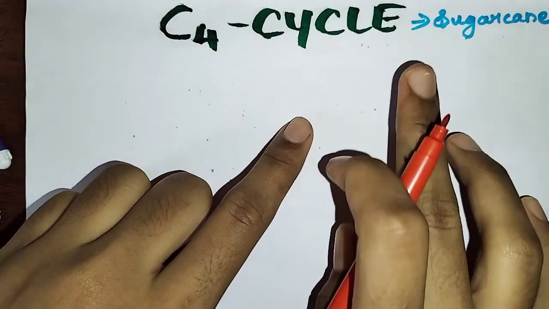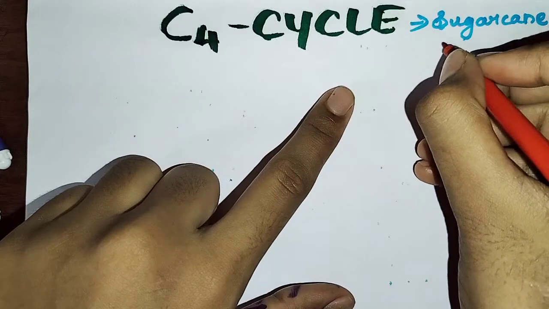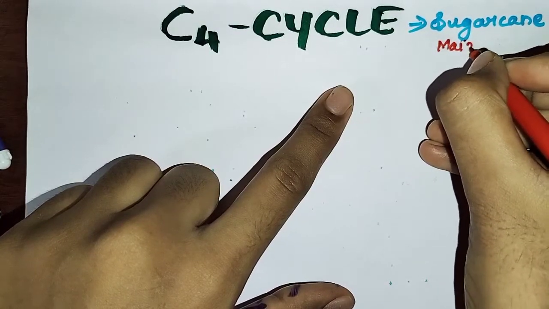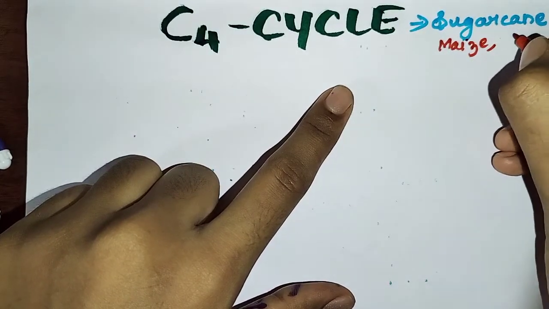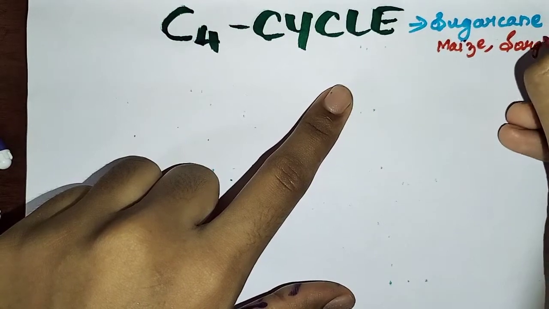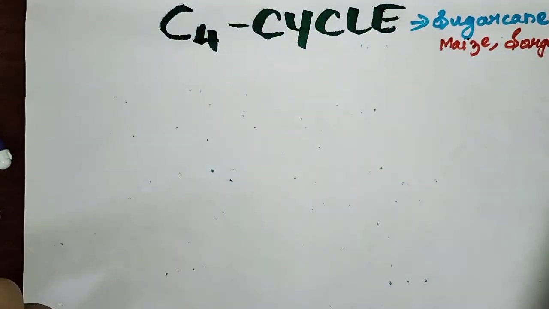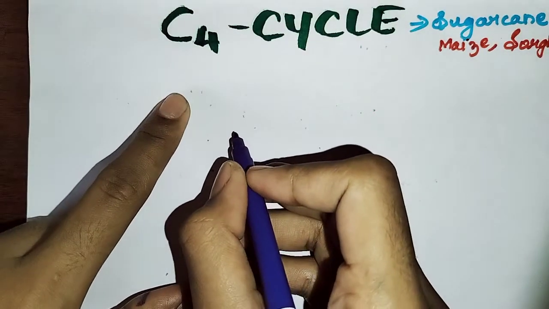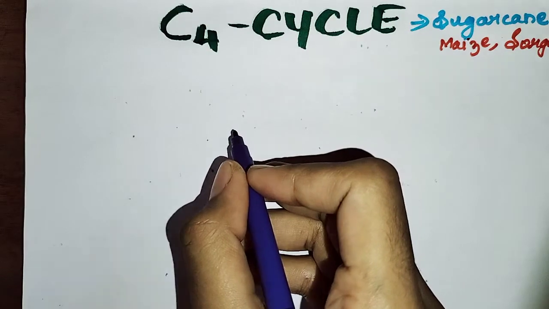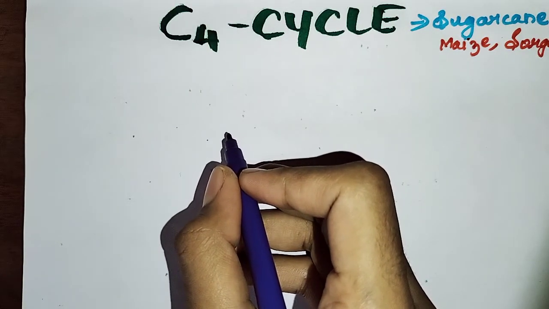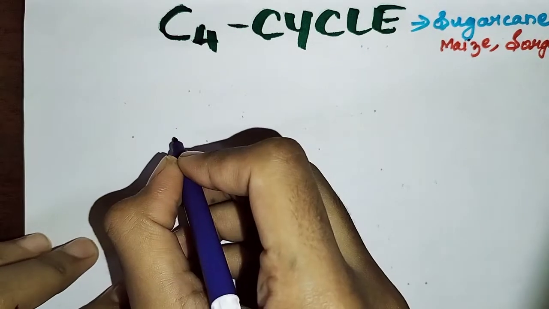What are the other examples you can give here, children? Maize, sorghum you can say. So these are the examples, besides sugar cane. Now the first compound that is used for the fixation is phosphoenol pyruvate.